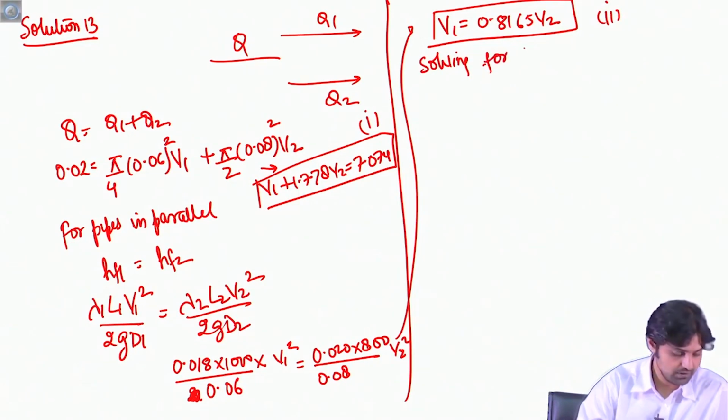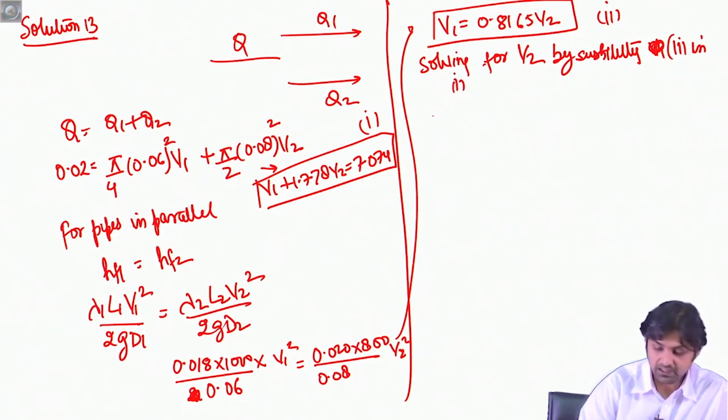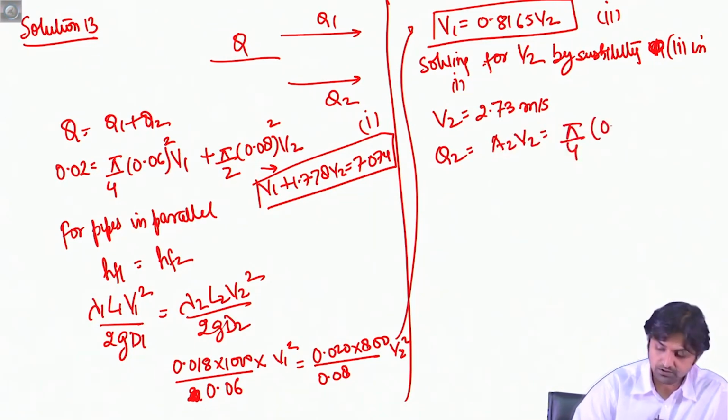Solving for V2 by substituting equation 2 in 1, we will get V2 as 2.73 meters per second. So Q2 will be A2 V2, pi by 4 into 0.08 whole square into 2.73.